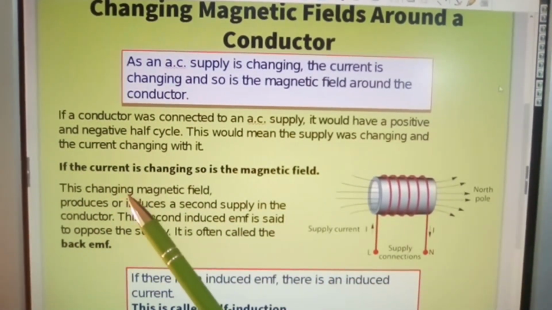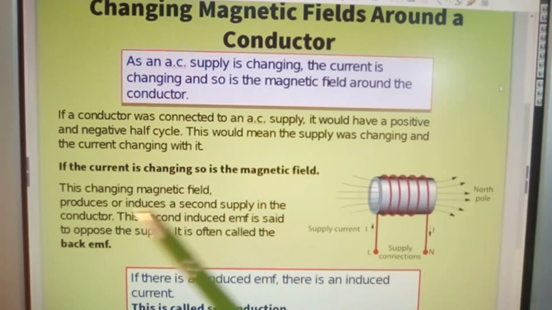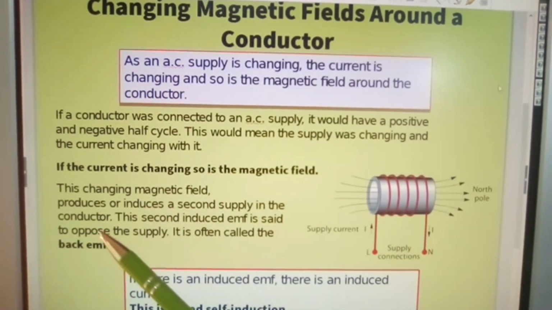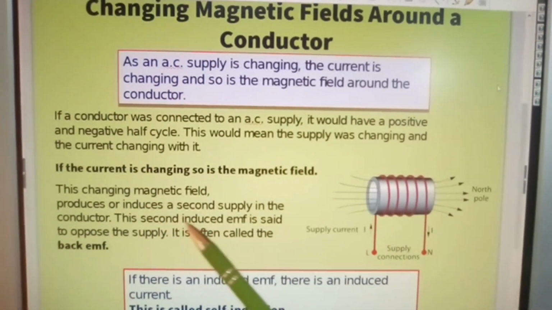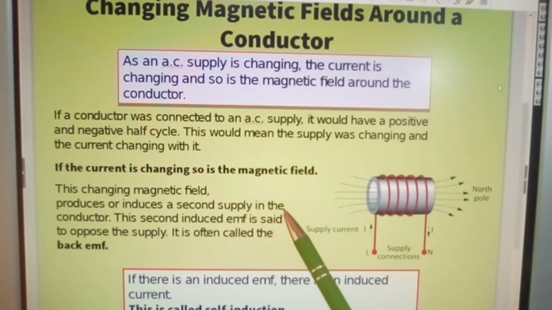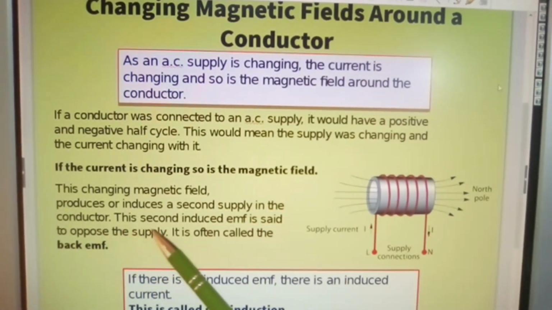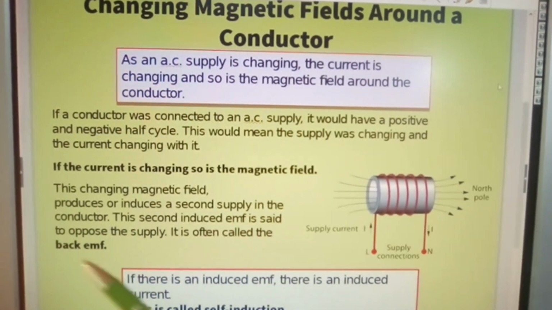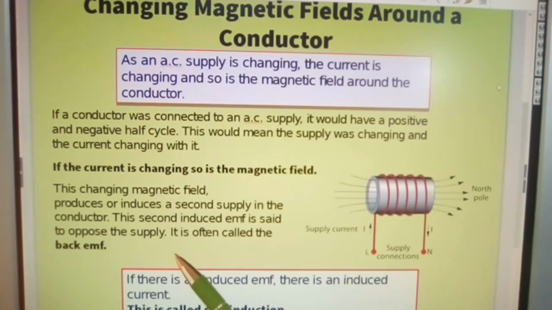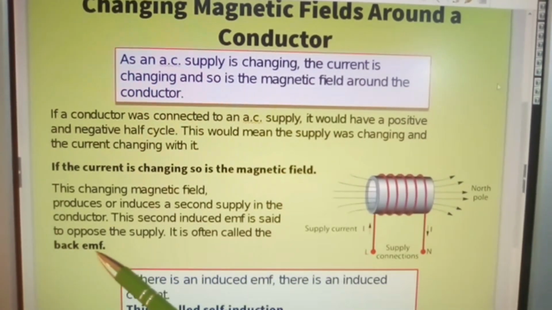If the current is changing, so is the magnetic field. This changing magnetic field produces or induces a second supply in the conductor. This second induced EMF is said to oppose the supply. It is often called the back EMF.